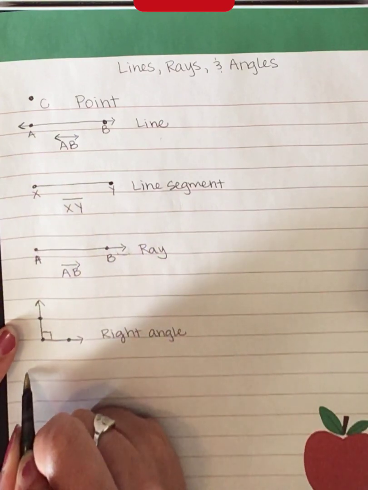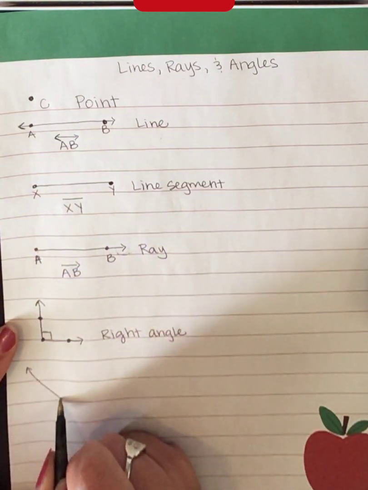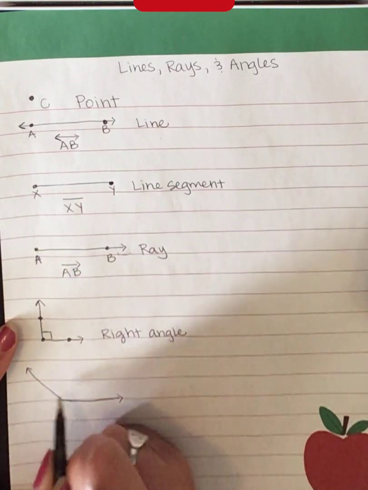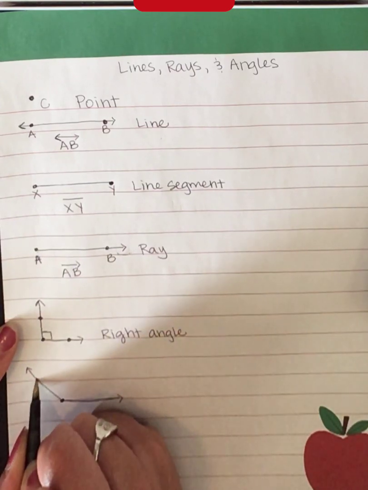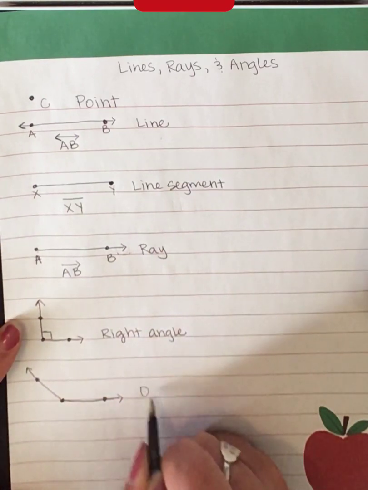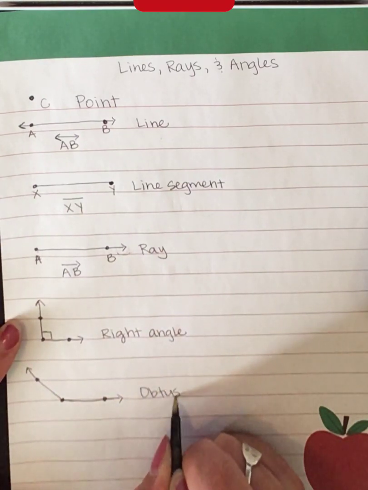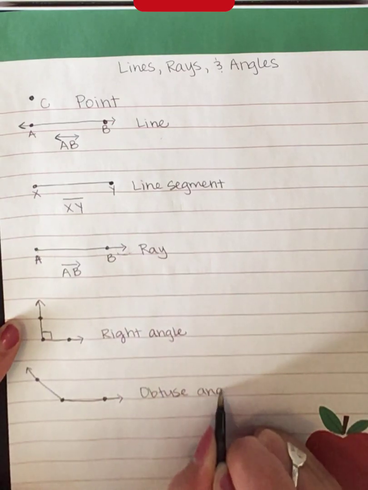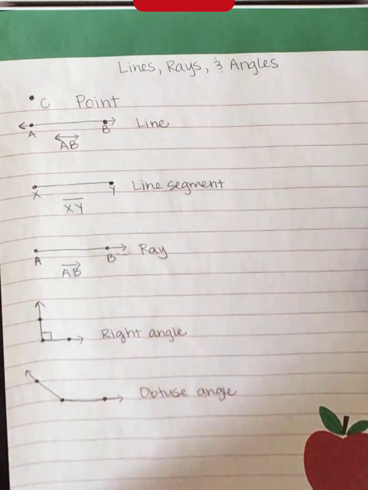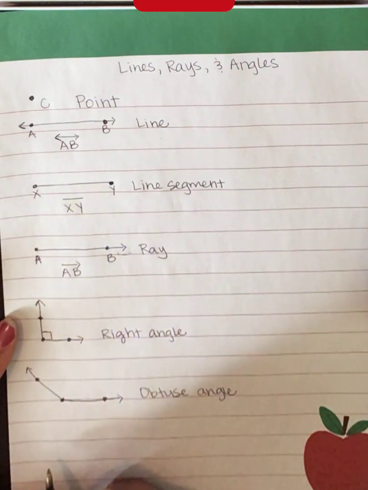Then we've got this really big angle. Oops, my lines aren't very straight. But we call this big angle an obtuse angle. I wish we were in the classroom. I would totally be making you make angles out of your arms. We'd have our right angle and our big obtuse angle. And then we have a little skinny little angle.